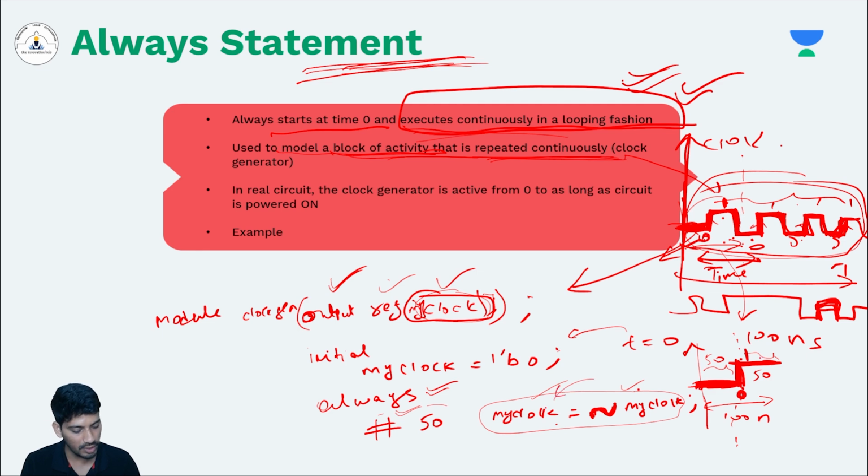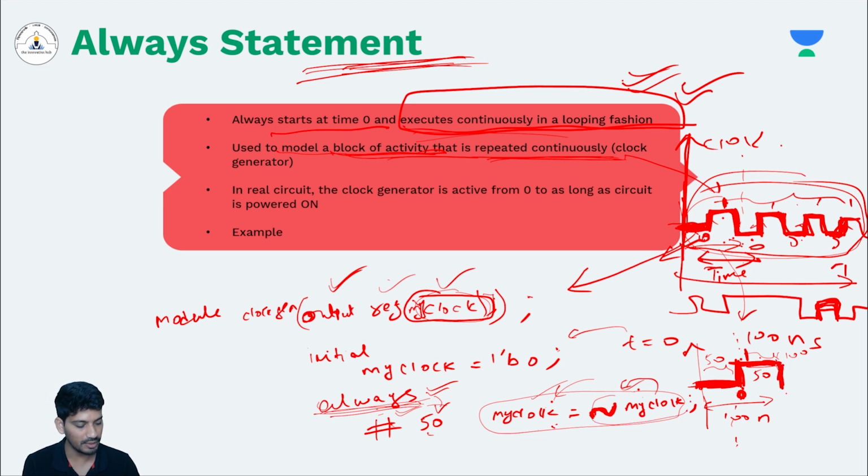So now my clock will be logic 1 after 50 nanoseconds, right? And then the always statement will execute for infinite time, like in a looping fashion. So after this statement is executed, again it will go into the always statement and again it will wait for 50 nanoseconds. So it waited for 50 nanoseconds. Now my time period is 100 nanoseconds. At 100 nanoseconds, what happened? Again, my clock is flipping from 1 to 0, right?